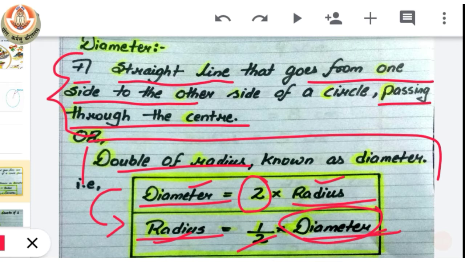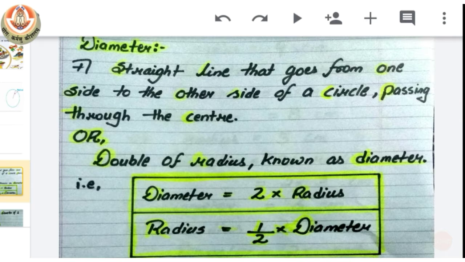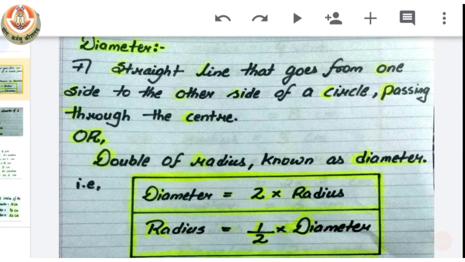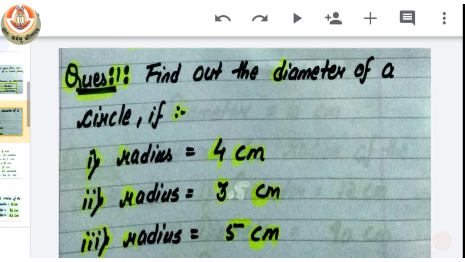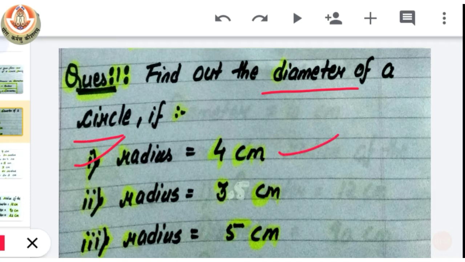Okay? So let's try to do some questions related to diameter and radius. The first type of questions are where we are given the radius and we have to find the diameter of the circle of that radius. As you can see here, we have to find the diameter of the circle if radius is 4 centimeter.